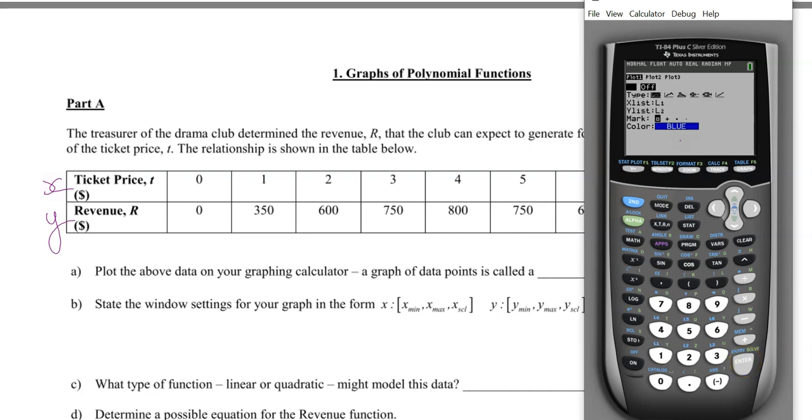Just hit enter, then hit enter on, and you'll see that it's now blinking on. Everything else you can leave the same. The type is a scatter plot. The x values are in L1, the y values are in L2. The mark is just going to be a square, so everywhere we enter something, you'll get a square. In this case, it'll be in blue because this is the color. And I'm going to hit graph.